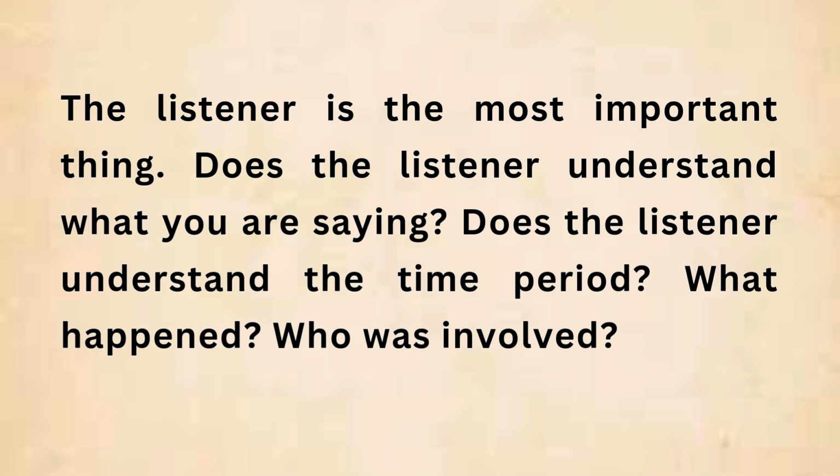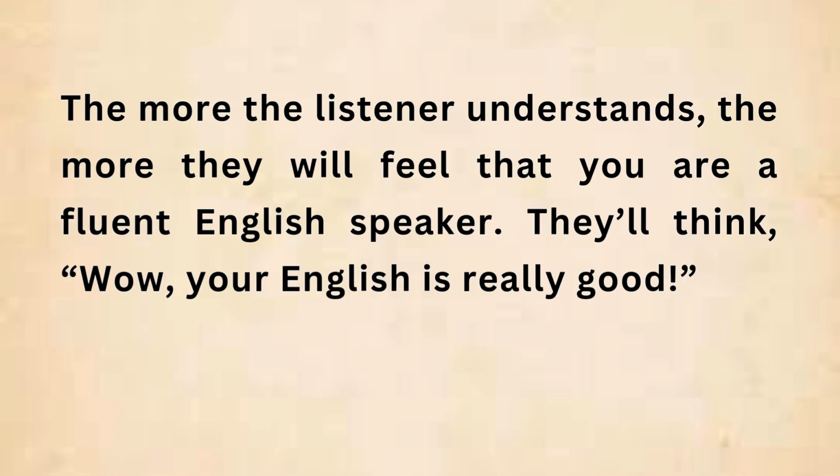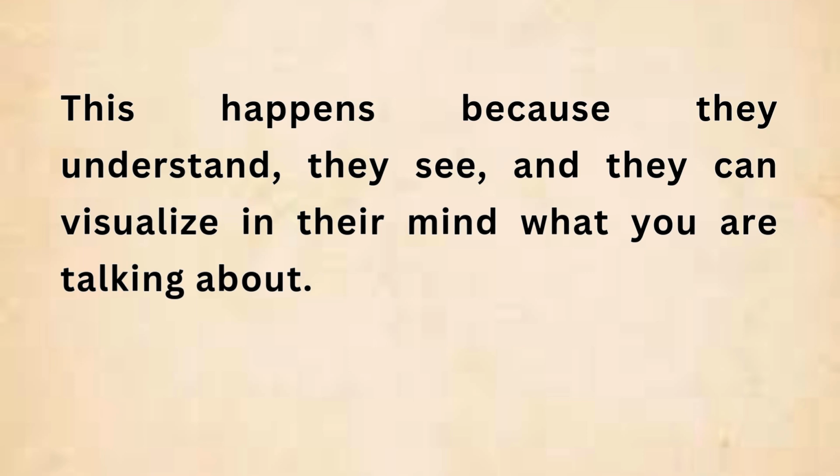Does the listener understand the time period? What happened? Who was involved? The more the listener understands, the more they will feel that you are a fluent English speaker. They'll think, wow, your English is really good. This happens because they understand, they see, and they can visualize in their mind what you are talking about.